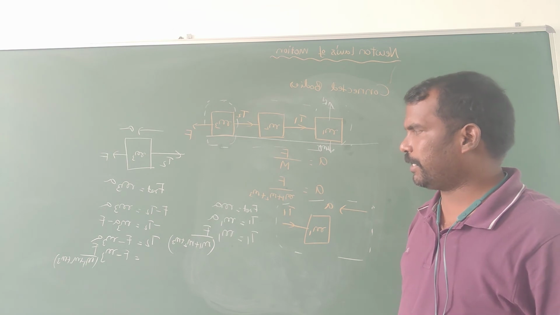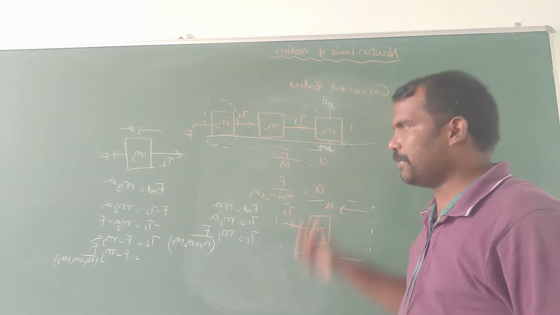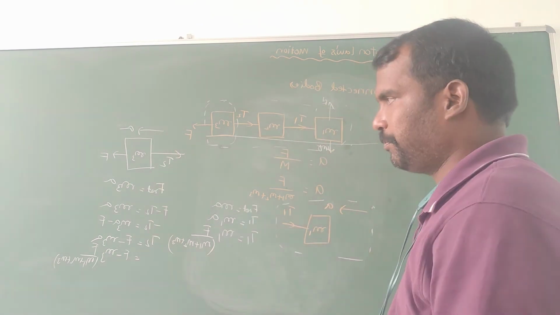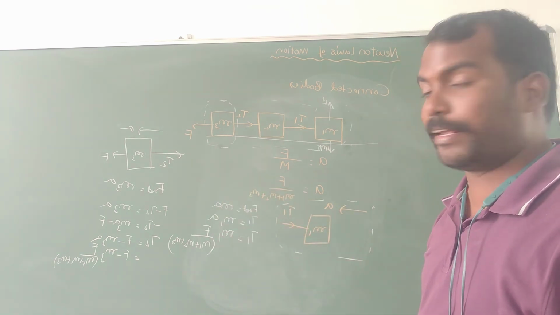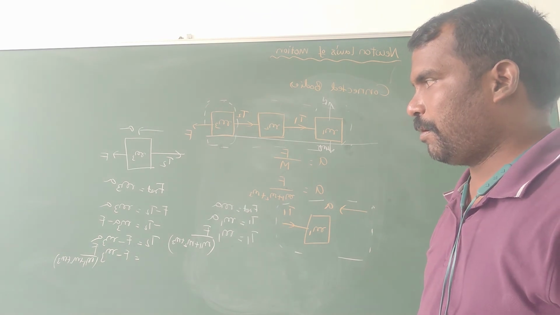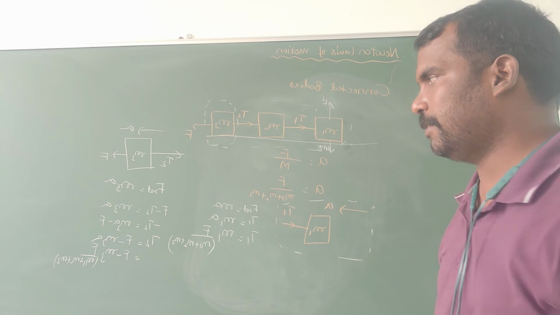If you simplify by taking the LCM, the mass of the body for which we are calculating will not be there. Taking the LCM: F into m1 plus m2 plus m3 minus m3 F. Here plus m3 F and minus m3 F will cancel.